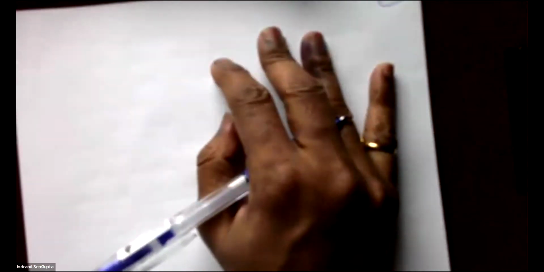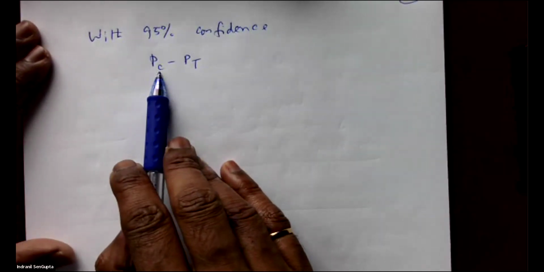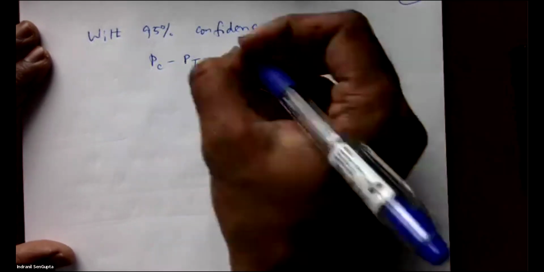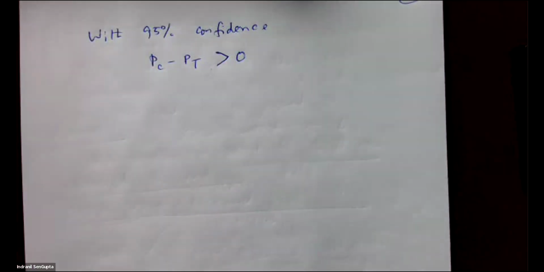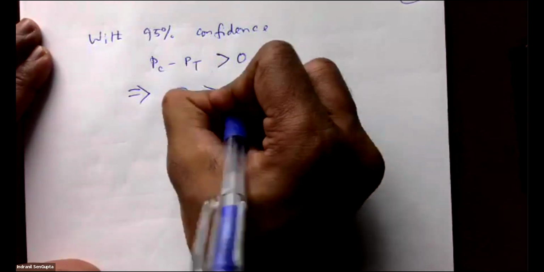So we find that with 95% confidence, PC minus PT, which is for the actual population, the proportion of the control group minus the proportion of the treated group, is positive, because we got a positive number. This interval does not even include zero, right? So that means PC is bigger than PT.